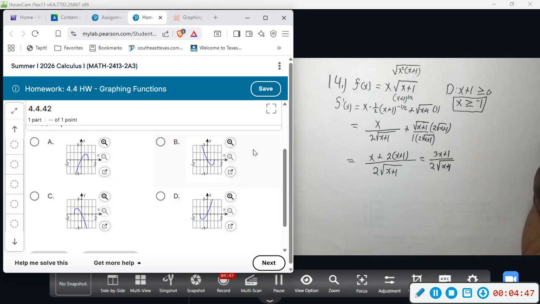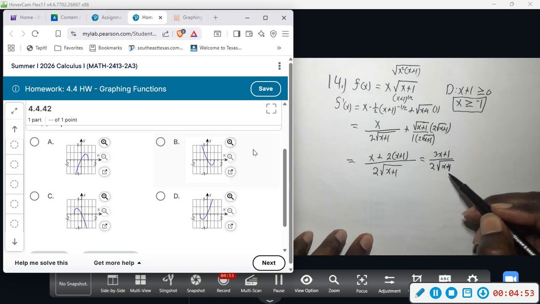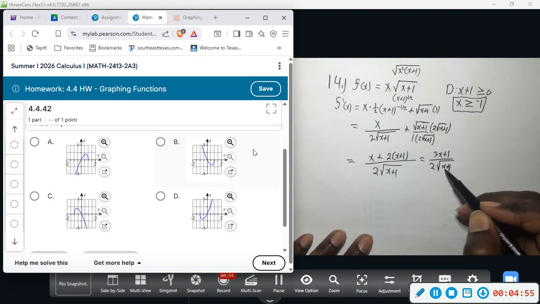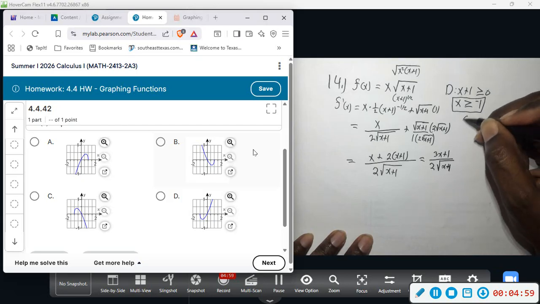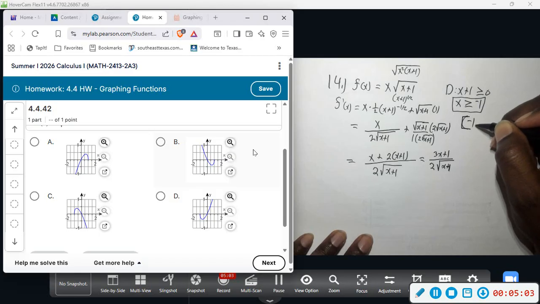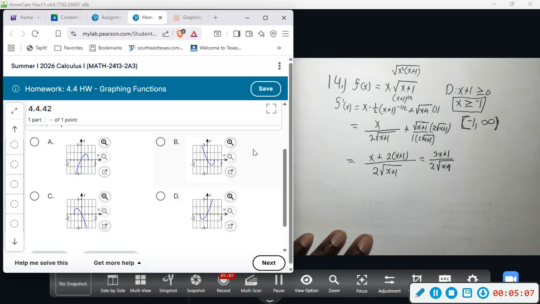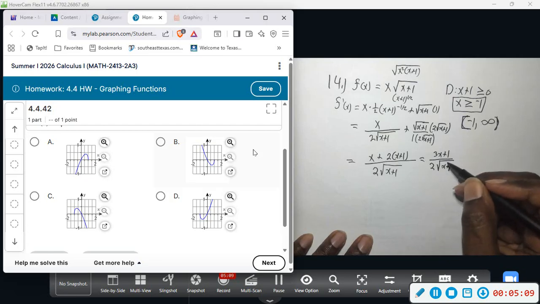Once we find our derivative, we would set it equal to 0. Remembering from our domain, we're only going to use numbers from -1 and beyond, a square bracket, -1 to infinity. We'll set our derivative equal to 0.